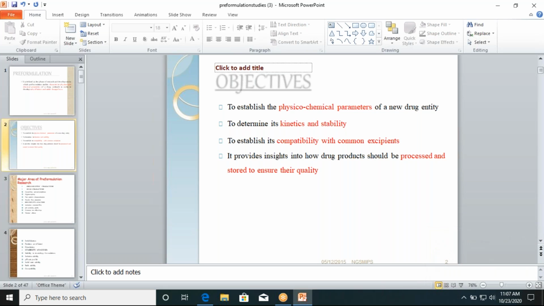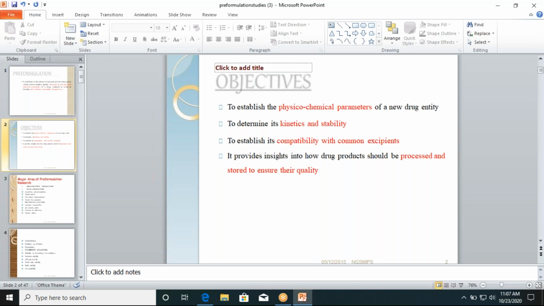When you are determining the physical and chemical properties of the drug, it is also important to check whether your drug is compatible with the various excipients you are using in the formulation. If the physical and chemical properties of the drug are fine but it is not compatible with the excipients you are using, then whatever formulation you do will be a waste.